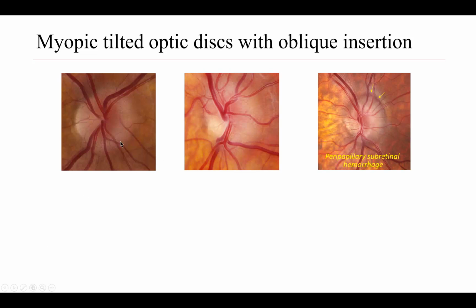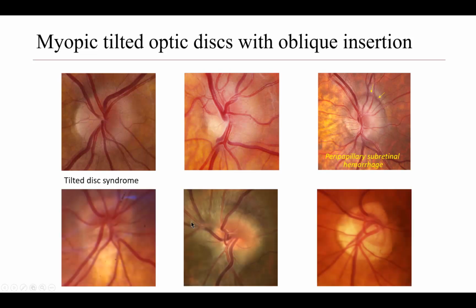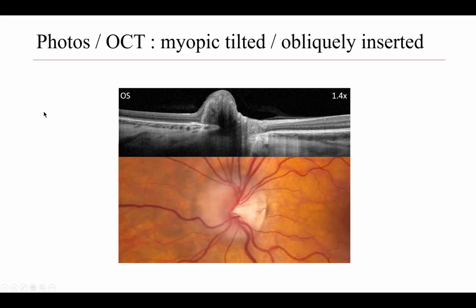I would distinguish this type of tilted disc from these severely dysmorphic and rotated discs that you can see in patients with tilted disc syndrome. The salient OCT features include nasal elevation.